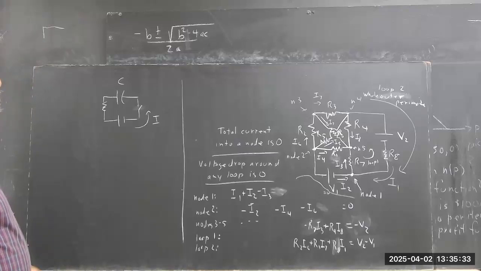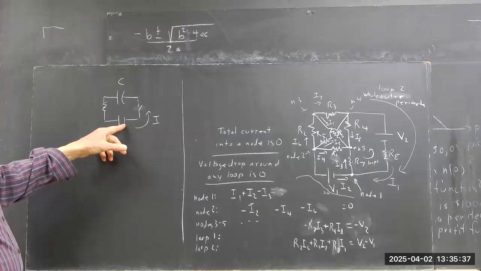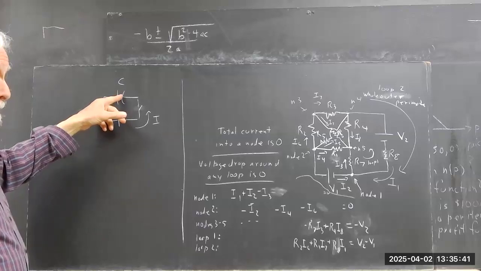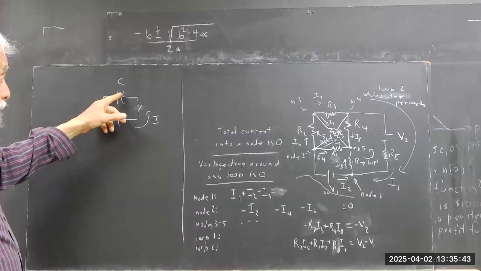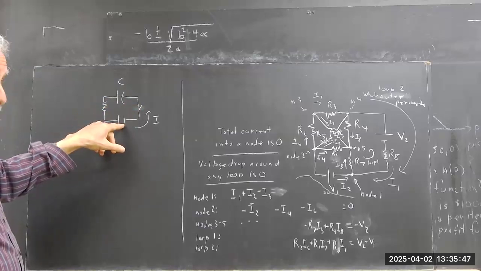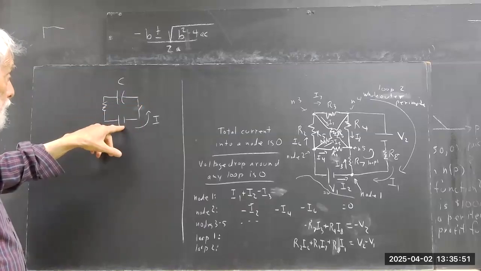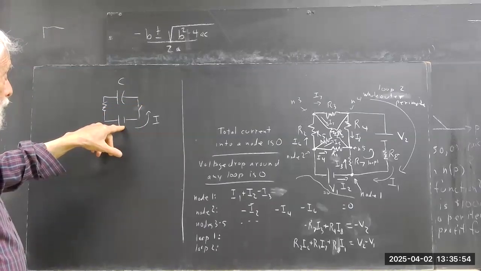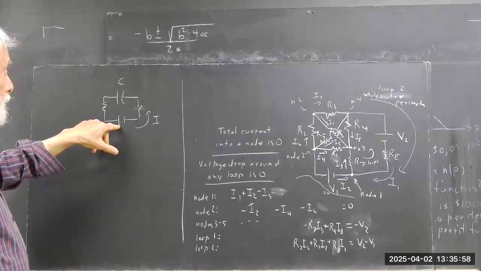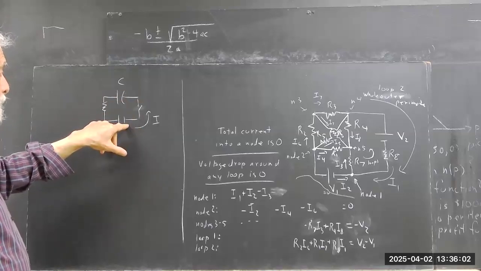Well, this is the positive terminal. Okay. It's going to trap negative charge. So negative charge is going to suck off of this plate of the capacitor, and negative charge is going to be pulled off here.